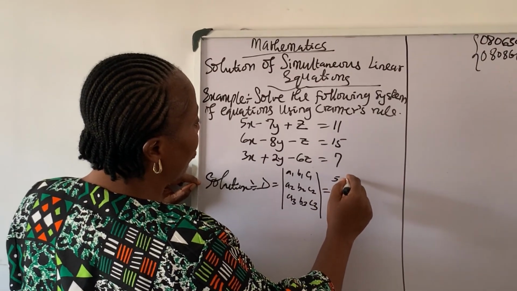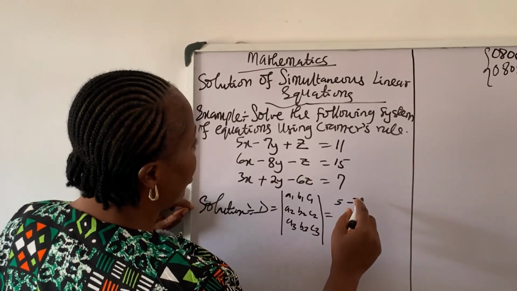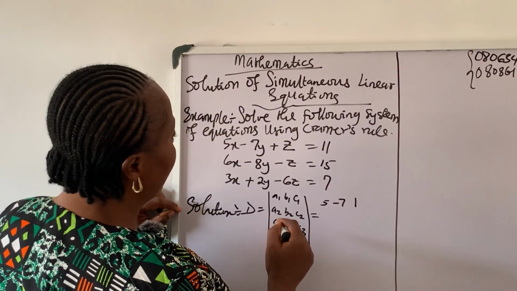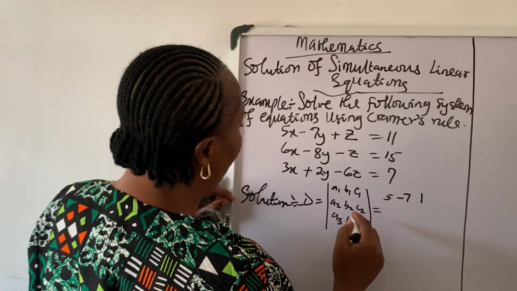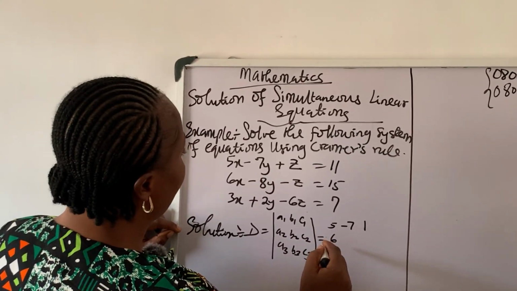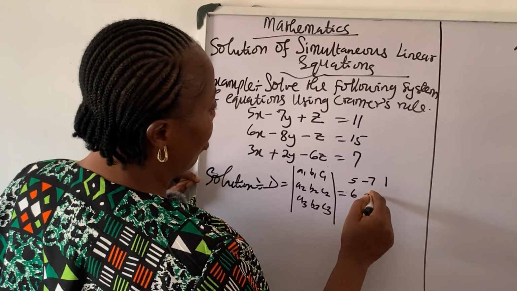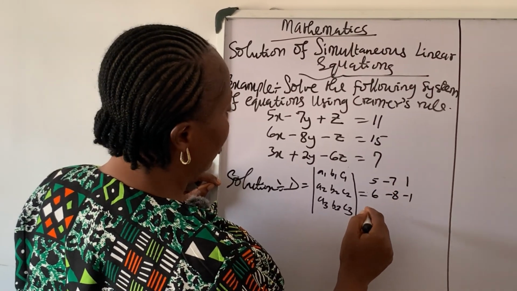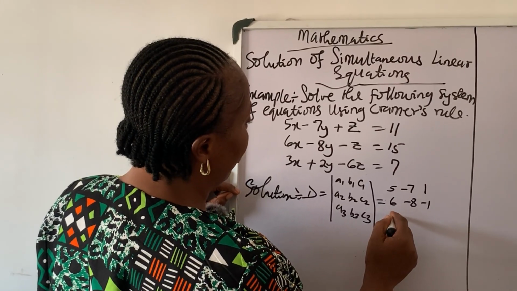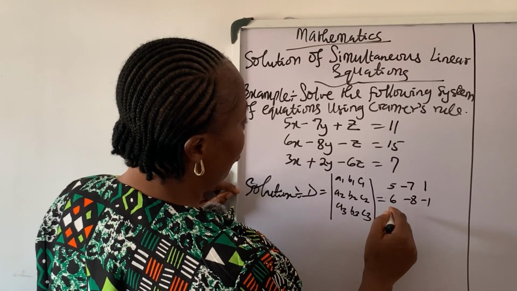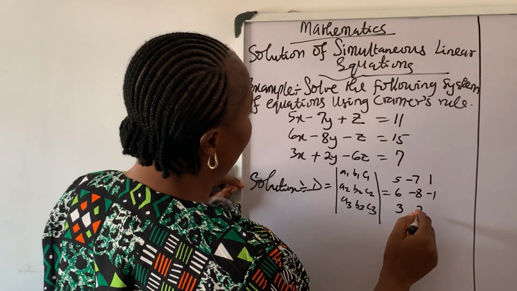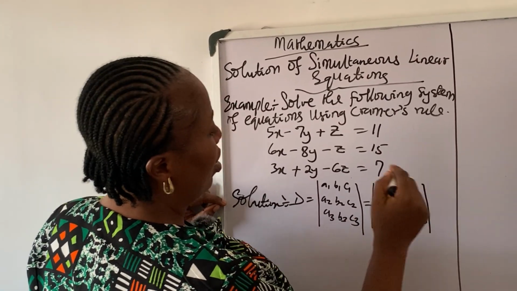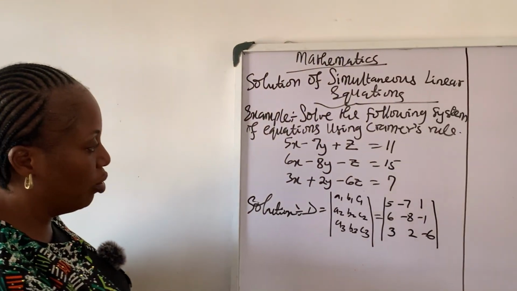Our B1 is -7, and our C1 is 1, the coefficient of z. Now, our A2 is 6, B2 is -8, C2 is -1, A3 is 3, B3 is 2, and C3 is -6, all enclosed. Now, having gotten this structure, what do we do?